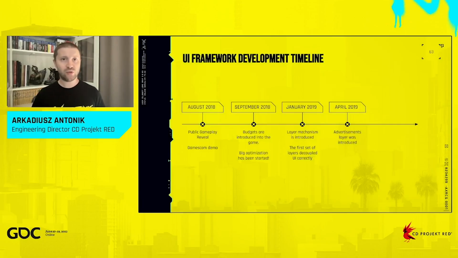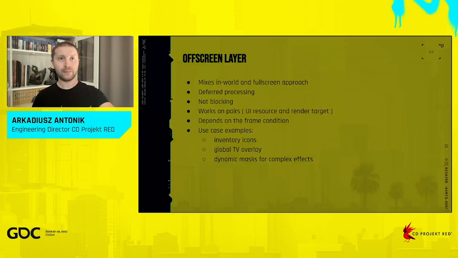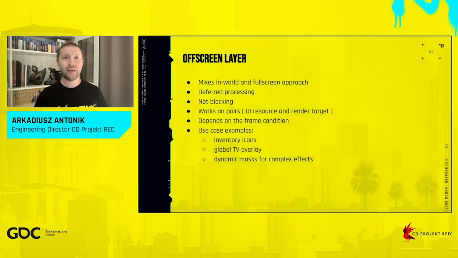To deal with these new challenges, we introduced a new UI layer, which we call the off-screen layer. It was in July 2019. The idea behind this layer was to mix the approach of the in-world and full-screen layers.